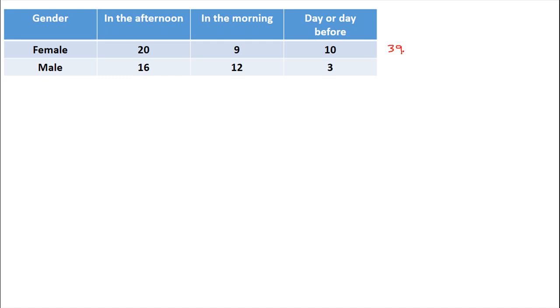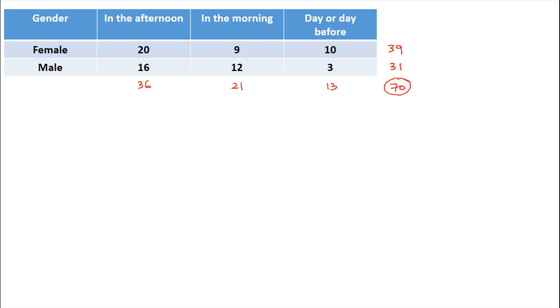For the second row, 16 plus 12 plus 3 is 31. Okay, so this is the row sum, and the column sum for the first column, so 20 plus 16 is 36, 9 plus 12 is 21, and 10 plus 3 is 13, and the grand total is 70. Okay, we have 70 samples.